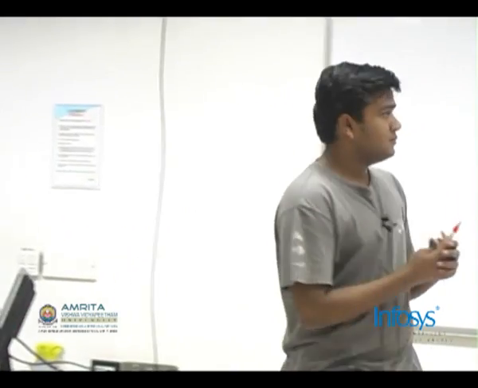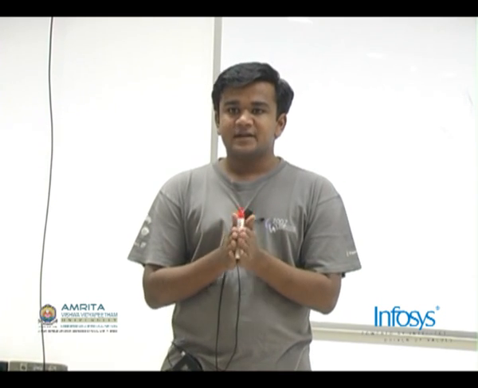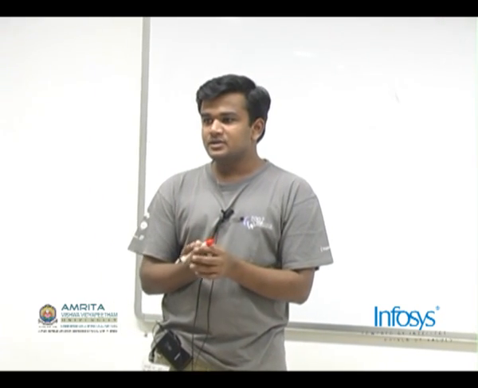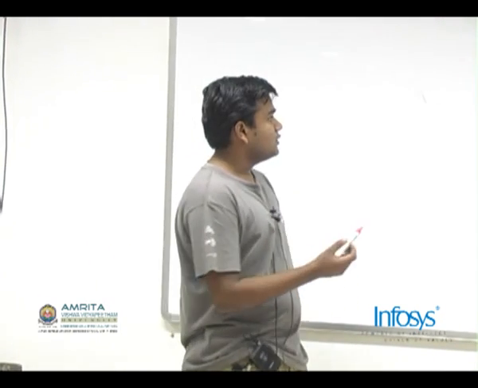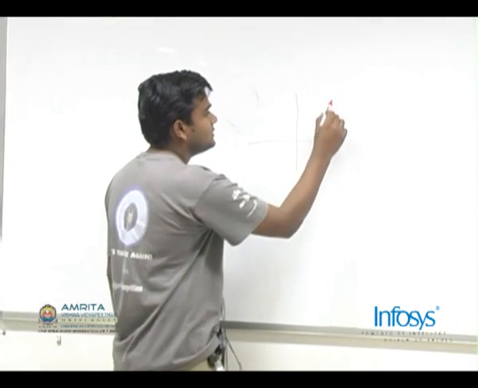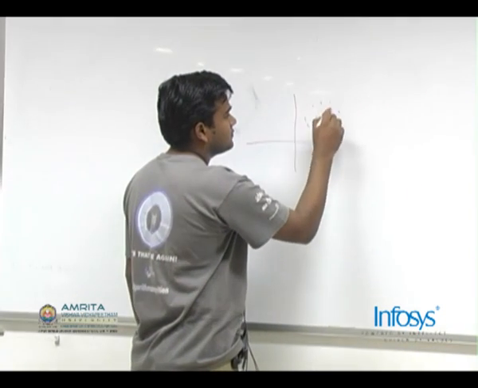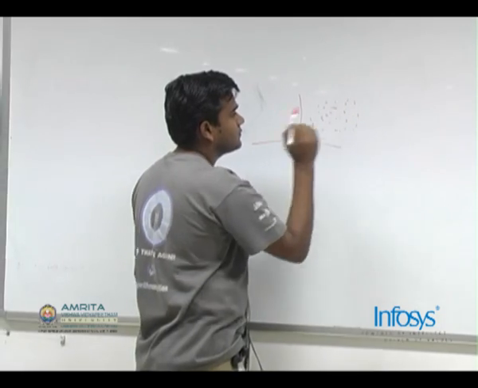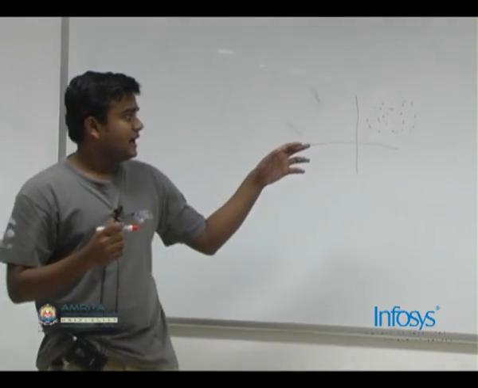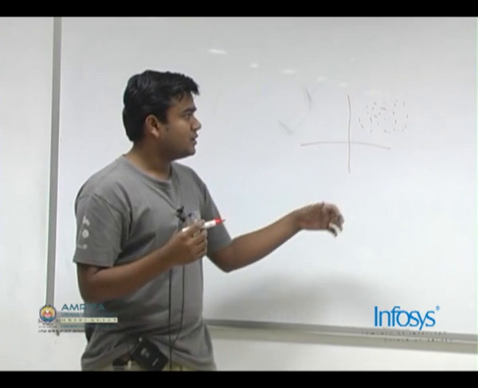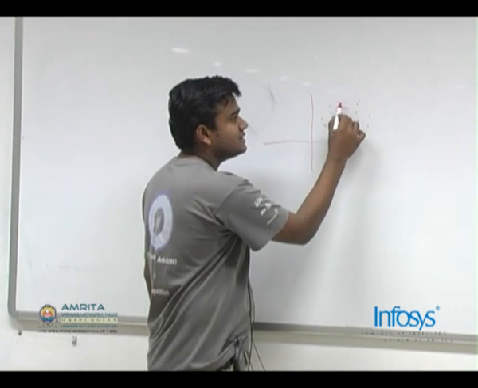So the first problem which everyone understands in computational geometry is to find out the convex hull of a set of points. We'll take the 2D case because that is simple to understand. So suppose you are given a set of n points in a two-dimensional plane. You have lots of points, and you want to find out a perimeter across these points.